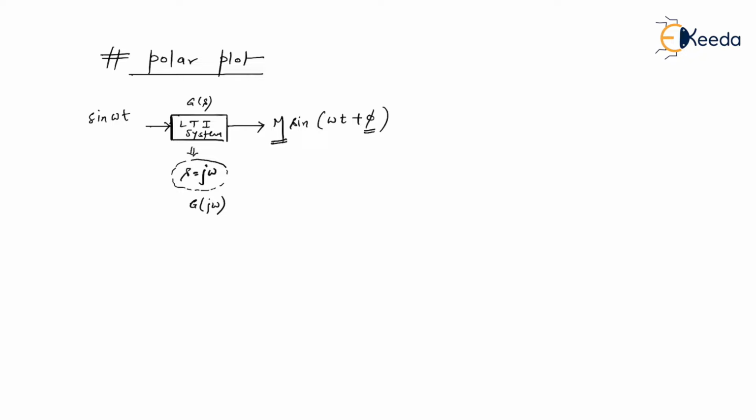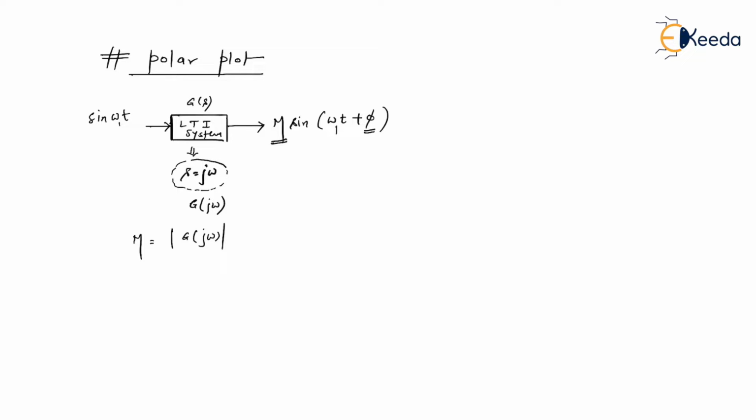Suppose I want the magnitude, how do we calculate it? Very easy. Magnitude is simply the magnitude of this transfer function itself at the operating frequency. For example, if the operating frequency of the input is omega 1, then at the output we also get the same omega 1.